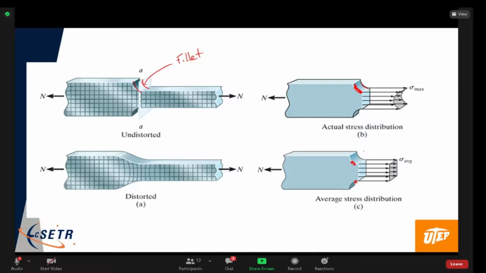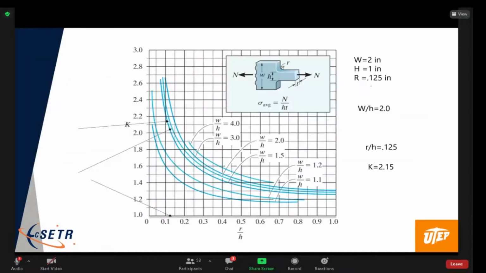So here's your average stress, and then you get a peak stress right at this region and this region. Same concept: the max stress is equal to the average stress times that stress concentration factor.